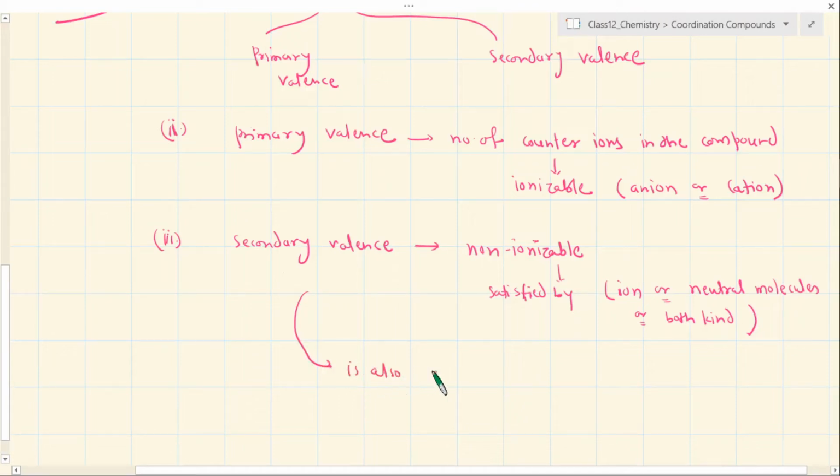From now onwards we will not talk too much in terms of primary valence and secondary valence, but more in modern terms, and that is coordination number. In general it is abbreviated as Cn. In books sometimes you will find that.